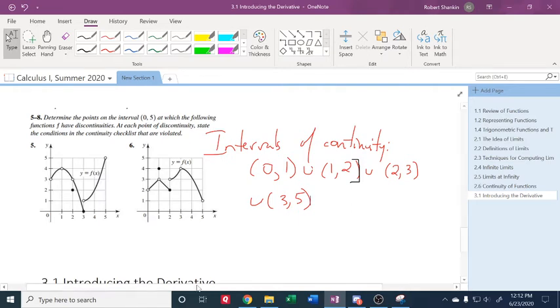It's just saying where along the x-axis do you not have to lift your pencil. You don't have to lift your pencil from 0 to 1 and then from 1 to 2, but at 1 you had to lift your pencil, so you couldn't include that in there. And then, if it was a filled-in circle, you used a bracket. That's it.